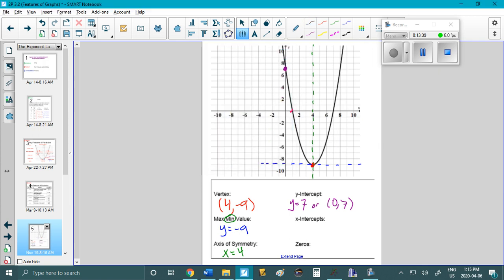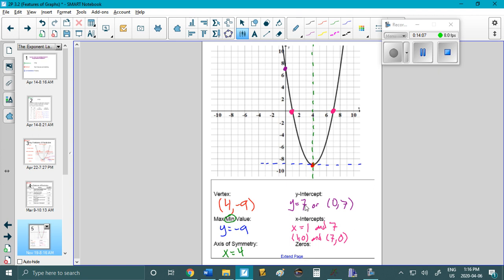The x-intercepts, or the zeros, are here and here. Okay, and they are going to be x equals 1, that's 1, and 7. So I write the word and just so I make it clear. Or we could say 1, 0, and 7, 0. And that's it. Honestly, this is all your homework's going to be.